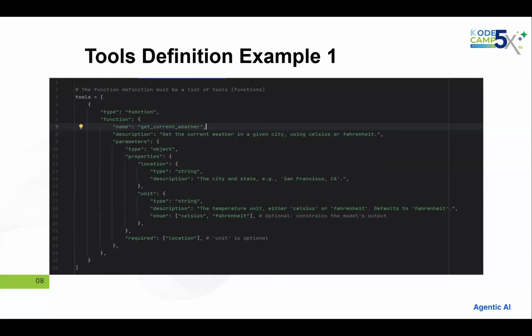And if you go further down, you see where it specifies the required parameters. It's a list, and here it contains location, which confirms the fact that unit is optional. You also see the enum here that specifies that unit can only take two values, the members of that enum, which are Celsius and Fahrenheit.